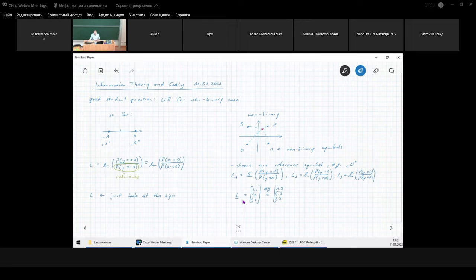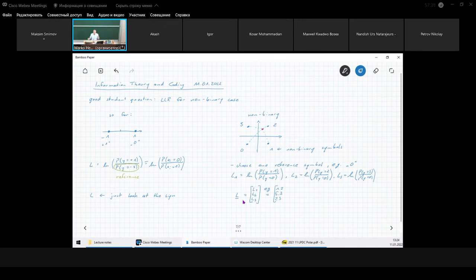Yes, let me repeat the question. The question from the audience was: the further away a symbol is from our observation, the more unlikely it is? Yes, and this is true due to the fact that we have Gaussian distributed noise.